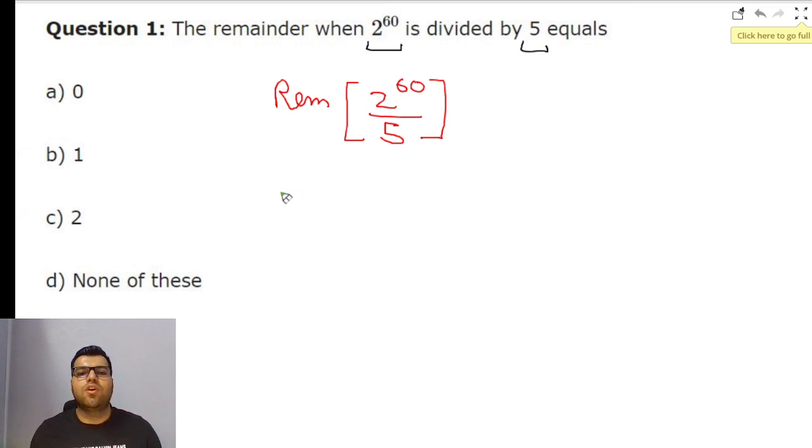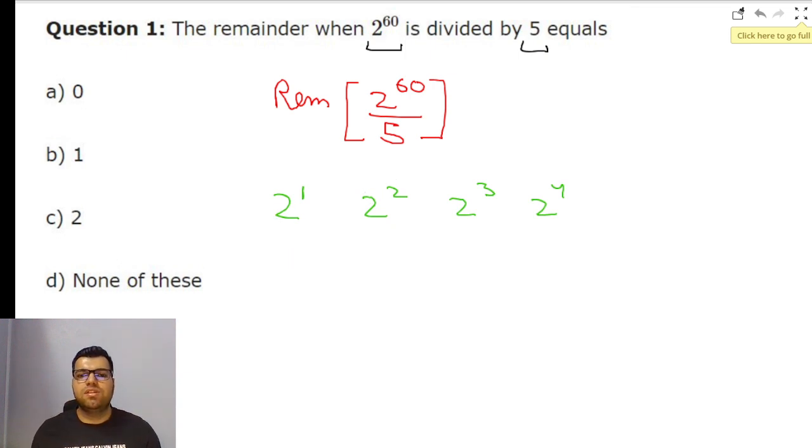We will observe the powers of 2 and we will note that power of 2 which is closest to 5. So 2 raised to power 1, 2 raised to power 2, 2 raised to power 3, 2 raised to power 4, go on. Usually we want such a power which is either a multiple of divisor, which rarely happens because in that case remainder will be 0, or it is plus minus 1 with the divisor.